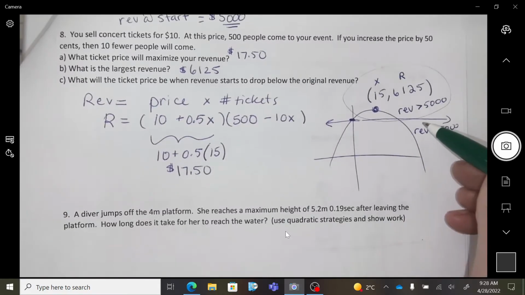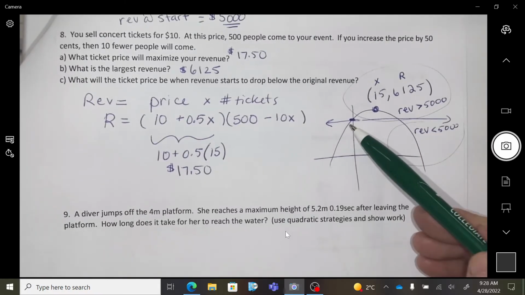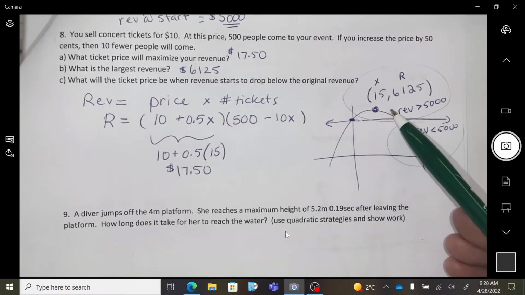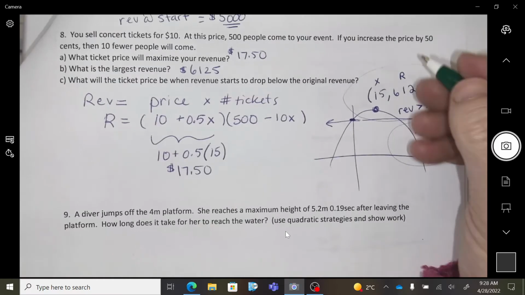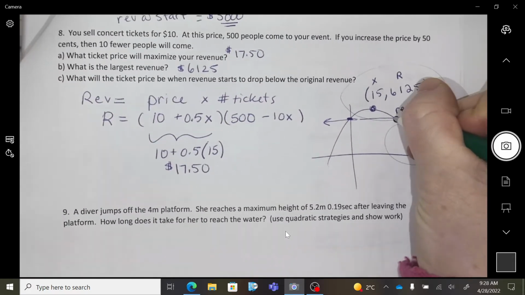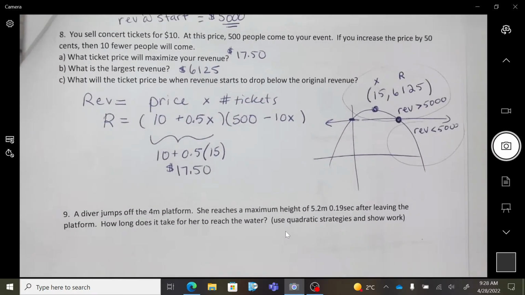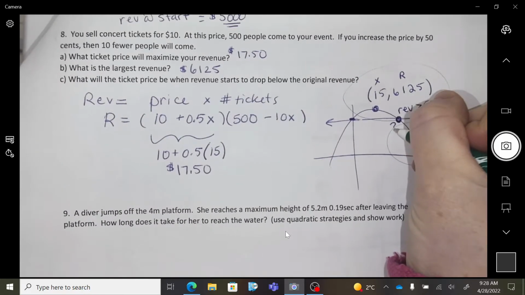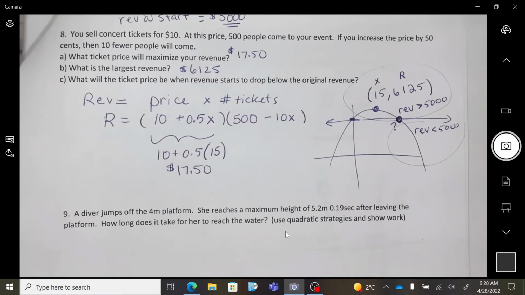Does that make sense? So I started at 5,000, then I started making more money, and then less money, and then I got to a point here where I'm even making less than 5,000. So what is that? I need that intersection.